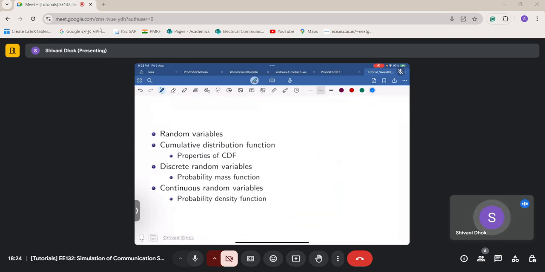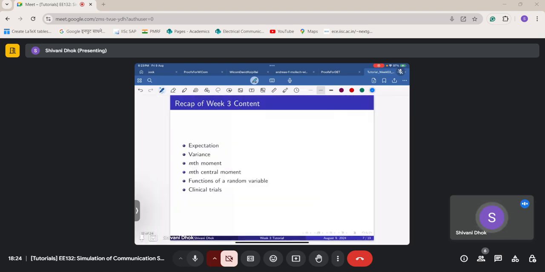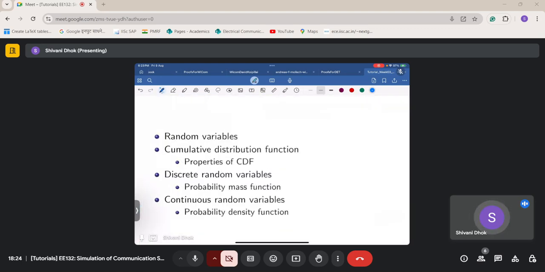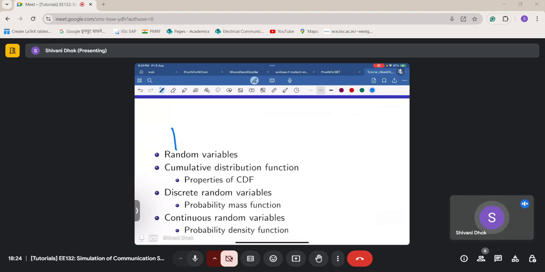After that, we looked at what are known as random variables. So random variables by definition are functions X that map elements of omega to the real line.